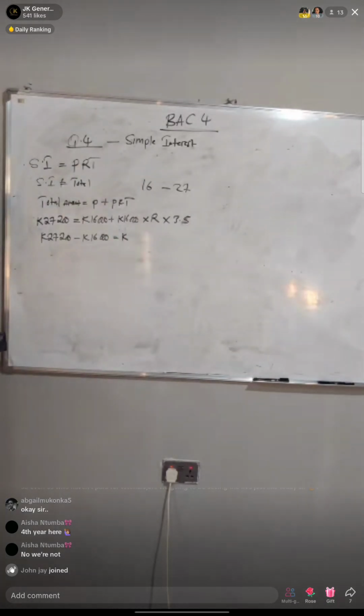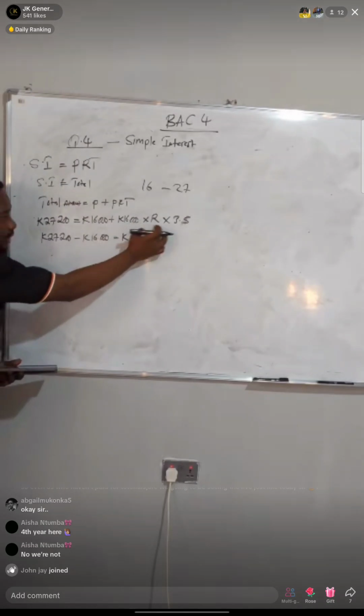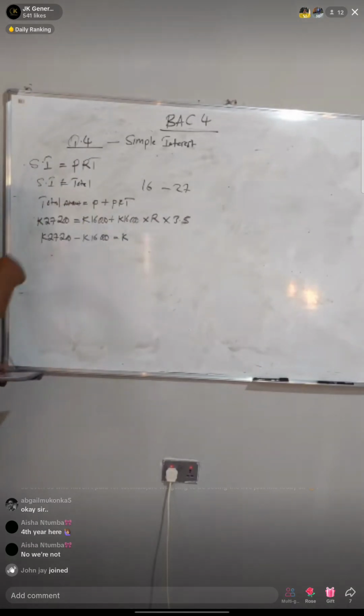What are we getting? So just kindly confirm what we're getting. 16,000 multiplied by 3.5, because here these are like 10. Then this one we'll put the other side. So put that to the other side. So try to repunch.